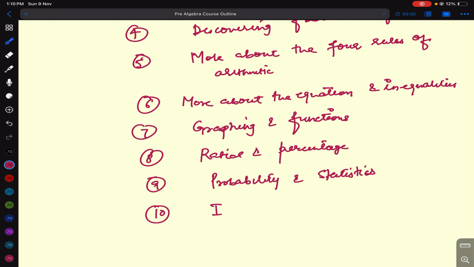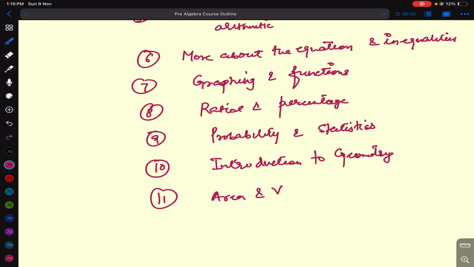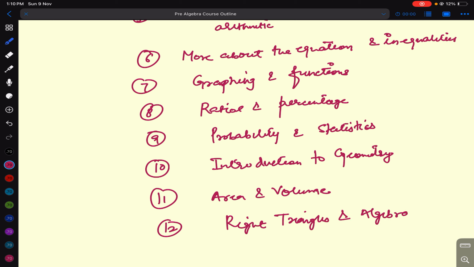And then we start with the introduction to geometry. And then the 11th is area and volume. 12th, which is the last one, is right triangles and algebra. So this pretty much covers the list of 12 chapters that we have in this course.